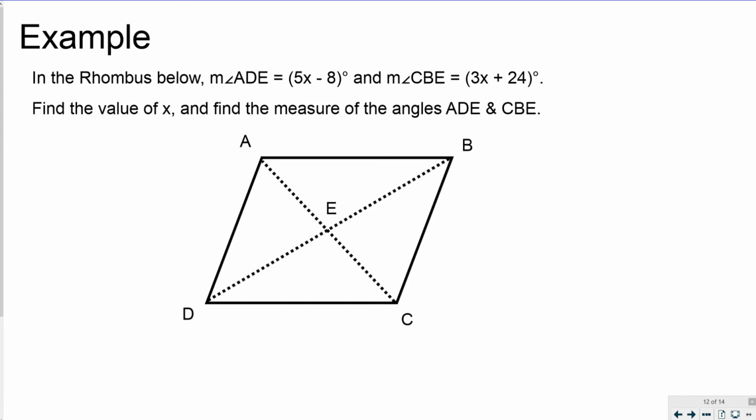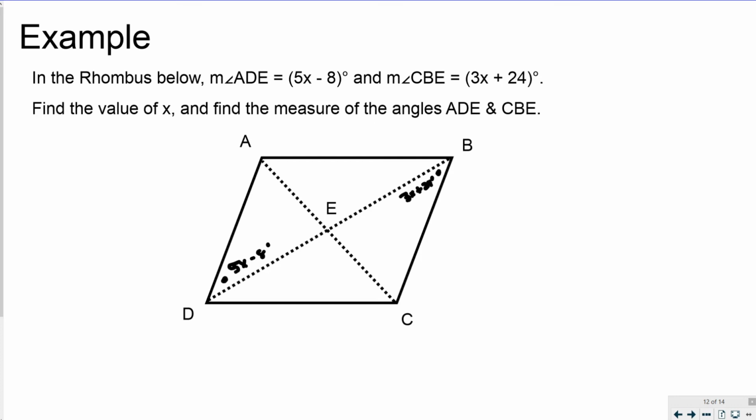All right, in the rhombus below, measure of ADE, so we're talking about this angle here, is 5x minus 8 degrees. And the measure of CBE, this angle here, is 3x plus 24 degrees.